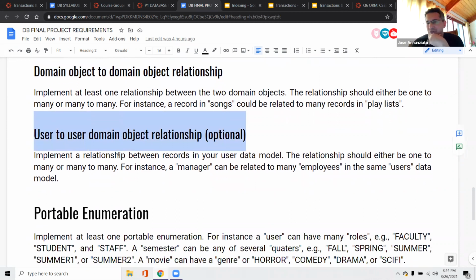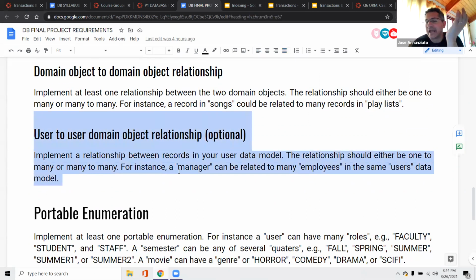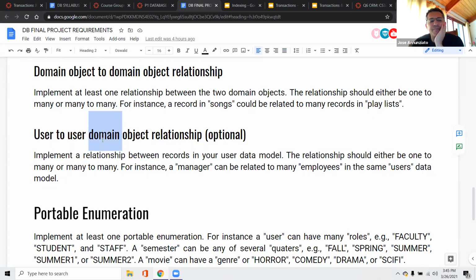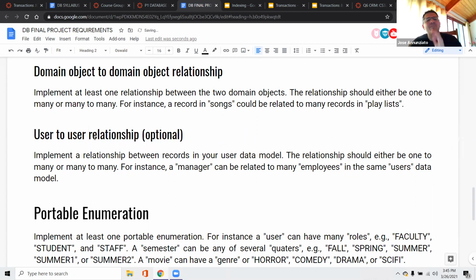Okay, this one's optional, right? But I highly suggest that you practice it and play around with it. It's a user-to-user relationship. Okay, user-to-user relationship, meaning a user could be related to another user, right? They could be family, right?